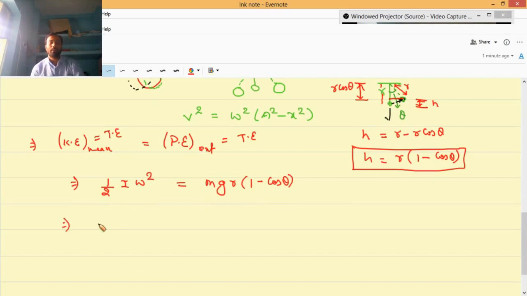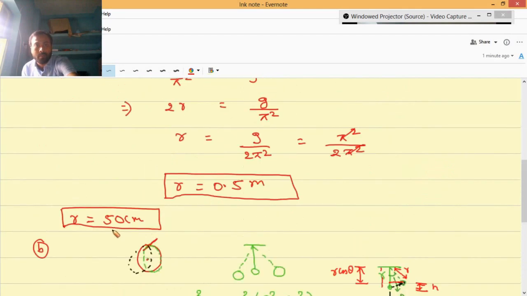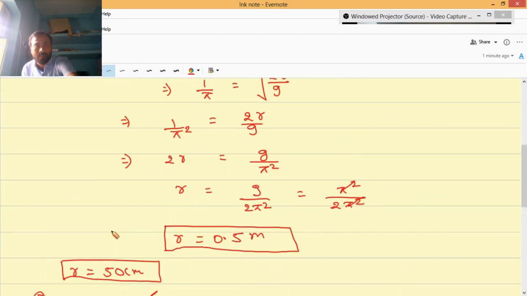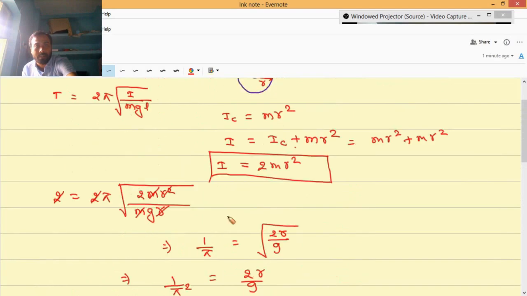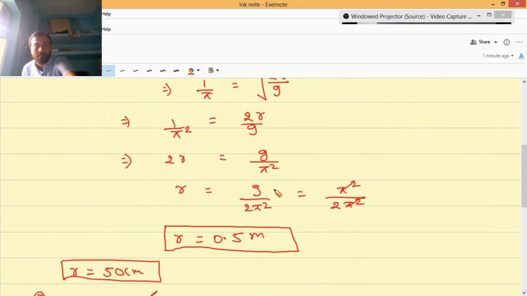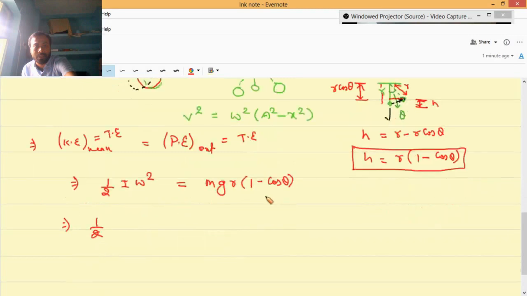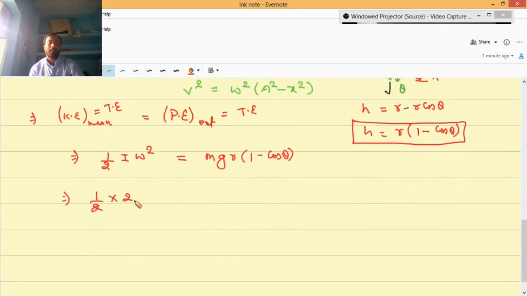Now we have evaluated the moment of inertia of this particular particle about the point of suspension, that is exactly equal to 2 mr square. So we will just substitute this value here. It will be 2 mr square omega square equals mgr into 1 minus cos theta.